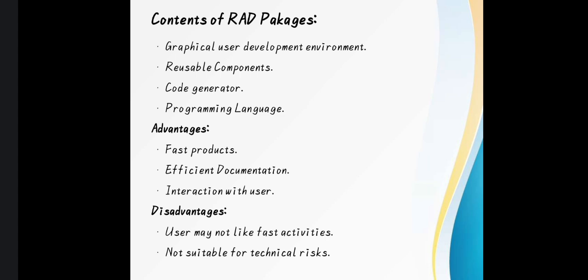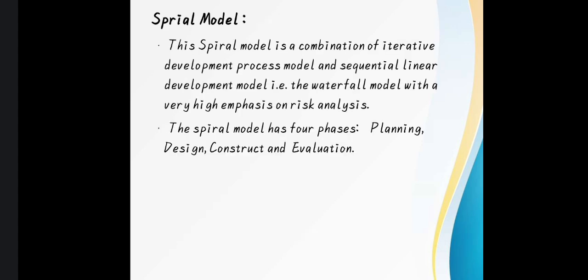Contents of RAD packages are graphical user development environment, reusable components, code generator, programming languages. Advantages are fast products, efficient documentation, interaction with user. Disadvantages are user may not like fast activities, not suitable for technical risk.